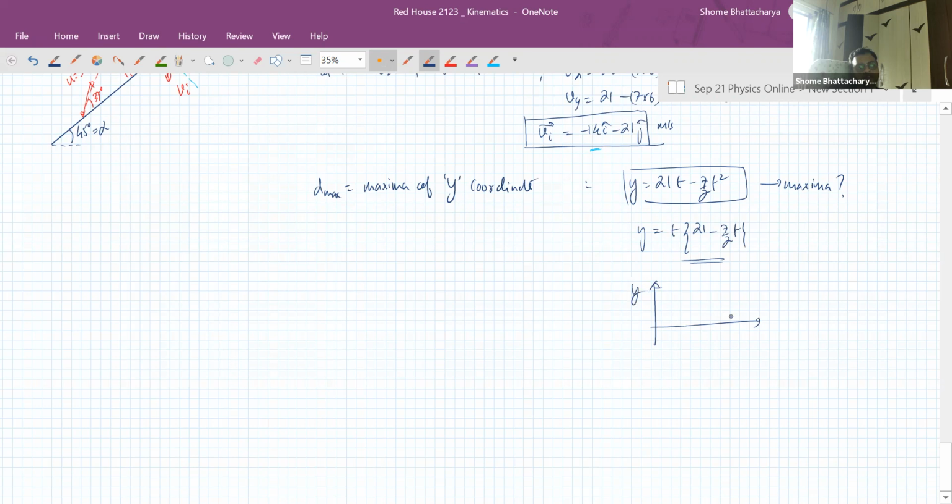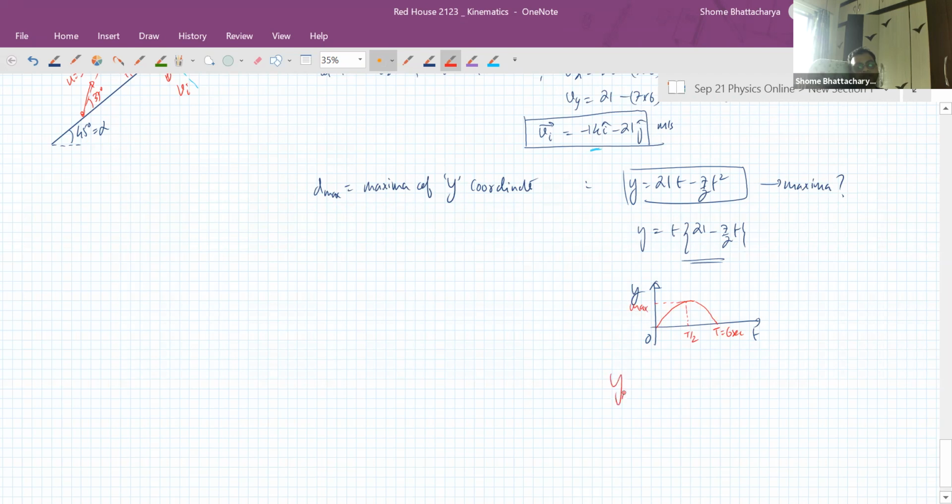If you think of the graph of y versus t, it increases first and then decreases. So when it decreases, it becomes 0 at t equal to capital T, which is 6 seconds. So you'll obviously reach the maxima at the midpoint of this, at T/2, which is 3 seconds. So that is going to be the maxima.